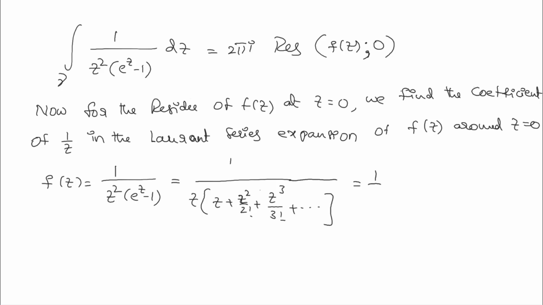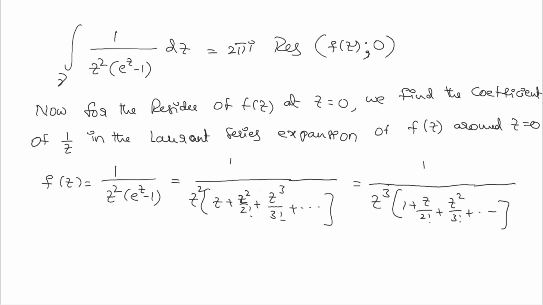This can be written as 1 divided by z square times, or okay, let me write one more step. So 1 divided by z cube times 1 divided by 1 plus z divided by 2 factorial plus z square divided by 3 factorial plus and so on.